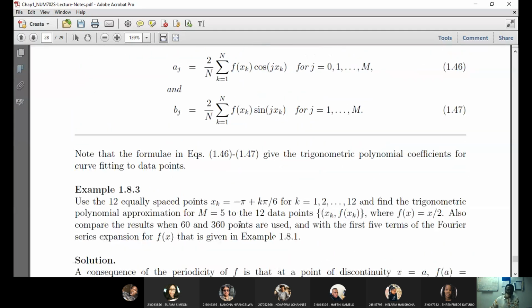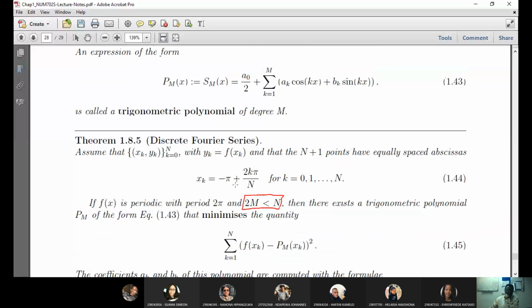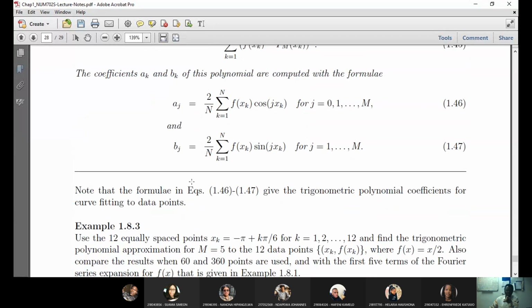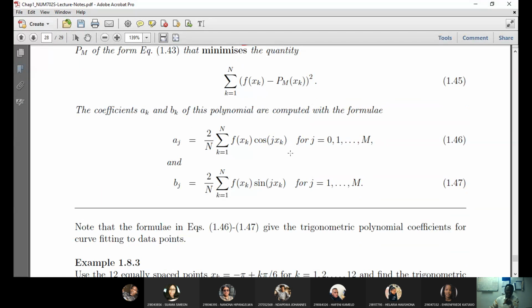You see that in order for us to perform this approximation, we use the information about the function. We did not just use the AKs and BKs and substitute the values. If you don't use that information, you will compute blindly, and there will be a contribution in AK. And if you add the AKs, it will give you a wrong approximation.